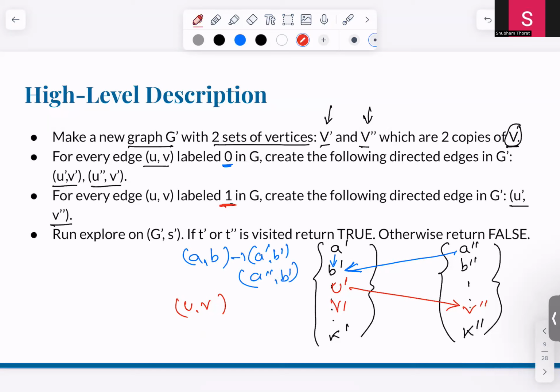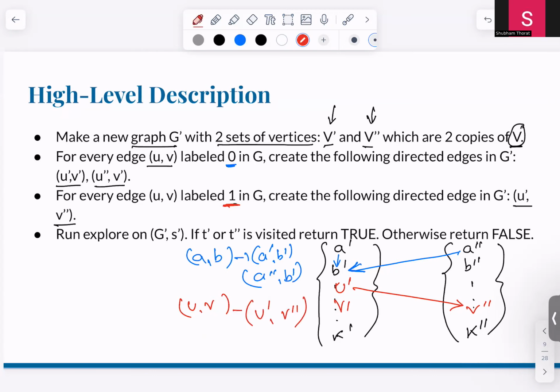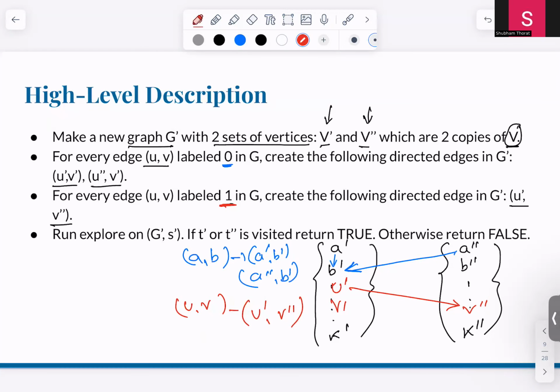And in this case, we connect U prime to V double prime. So we can observe here that in case of an edge labeled 1, we have a connection from this set to this set. And in case of a 0 labeled edge, we have a connection either within set 1, or from set 2 to set 1.